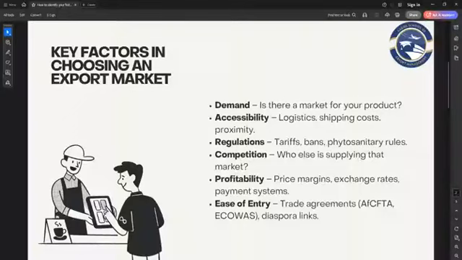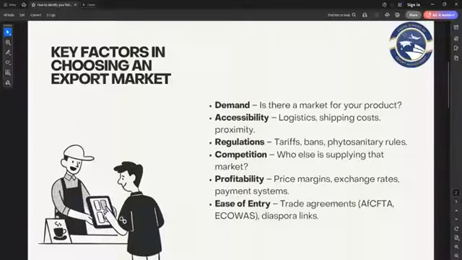So who is supplying them? Who is already shipping to those countries? Who has customers there already? So who are your competitors from your environment, from here in Nigeria? The second way to look at it is, who are your competitors even in the market that you are targeting?